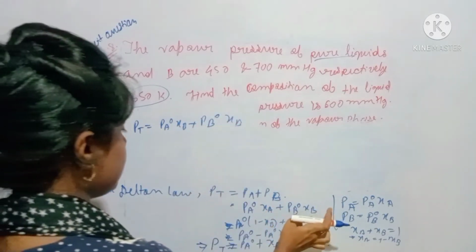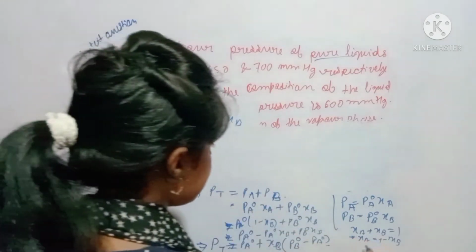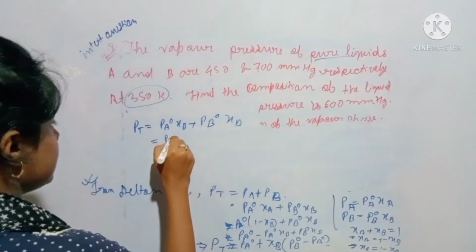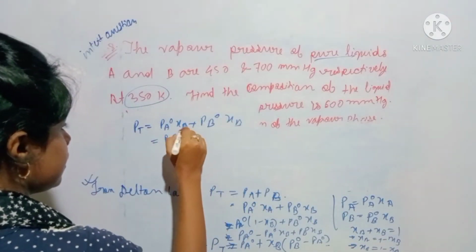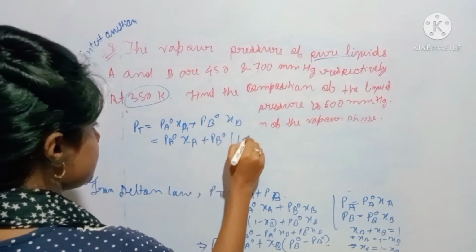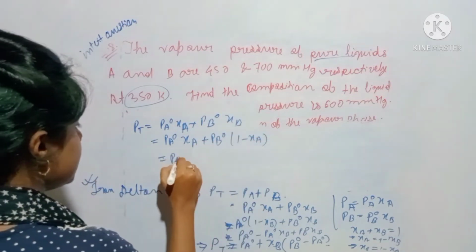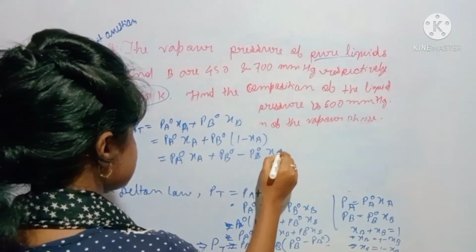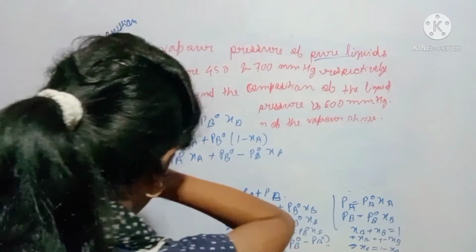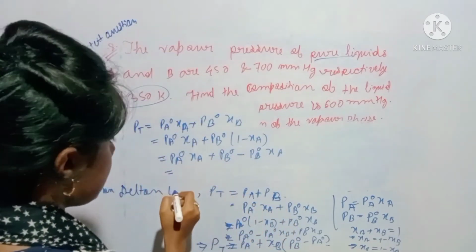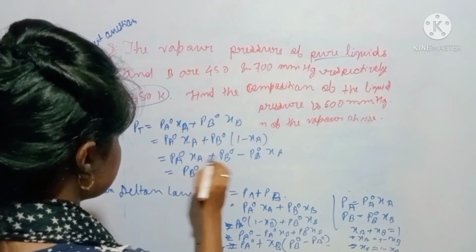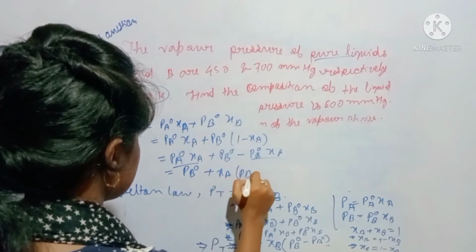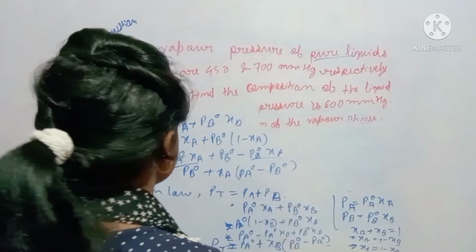If we put the value of XB as 1 minus XA, then PA naught XA plus PB naught (1 minus XA). So it's PA naught XA plus PB naught minus PB naught XA. PB naught is here. Then if we take XA as common, it's PA naught minus PB naught. So we get two formulas here.